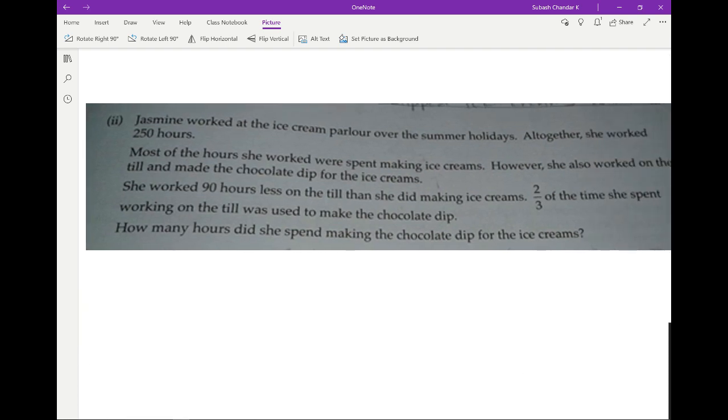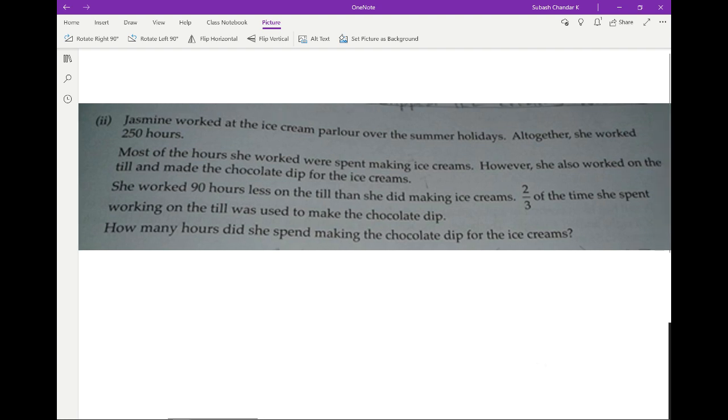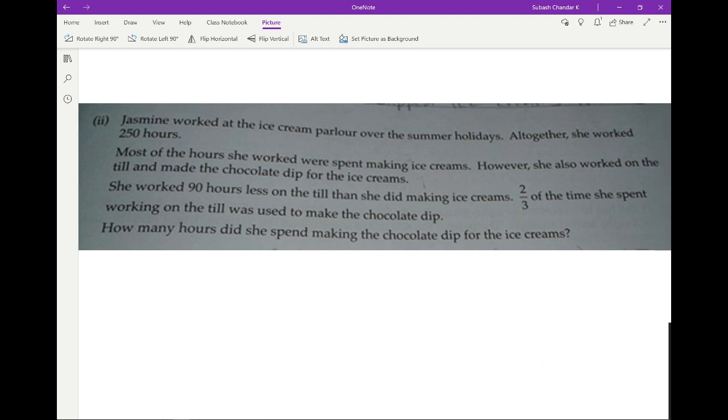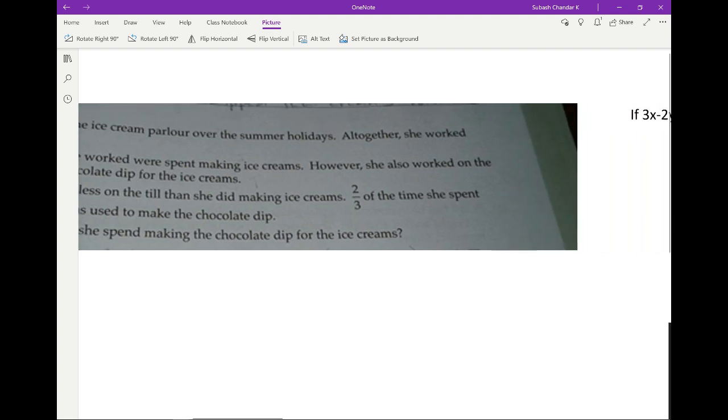But I don't think this one is a simultaneous equation. It's just a linear equation.